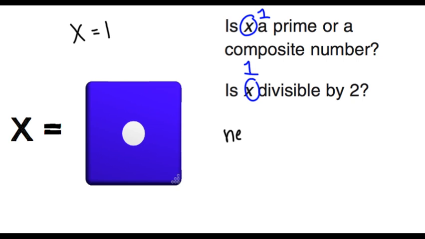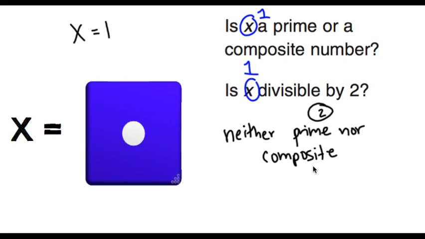It was neither prime nor composite, because 1 only has 1 factor, itself. To be prime, it has to have 2 factors, and to be composite, it has to have more than 2. So the answer to is 1 a prime or composite number would be neither.